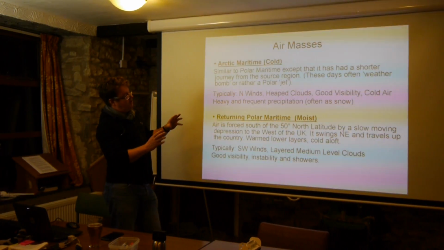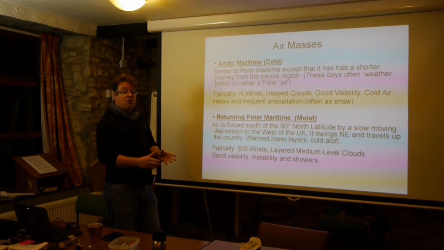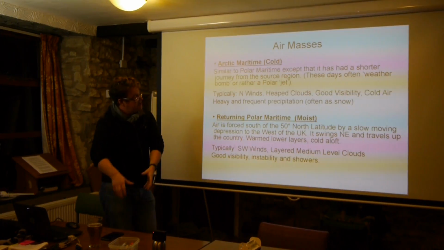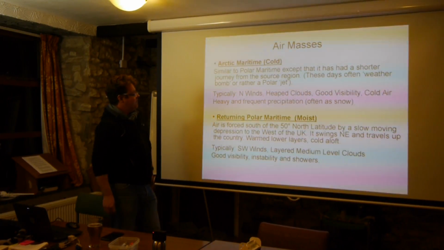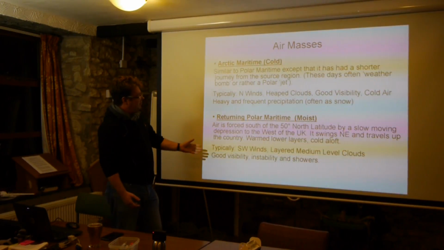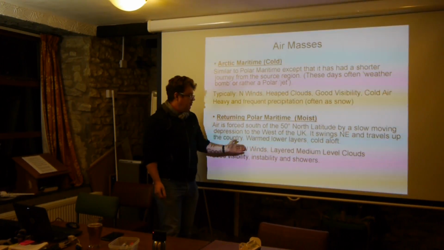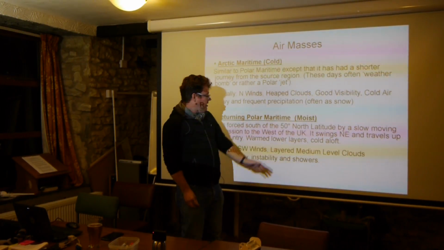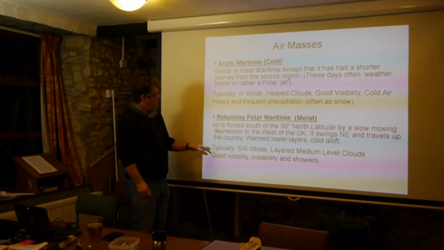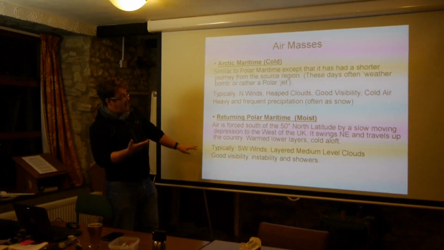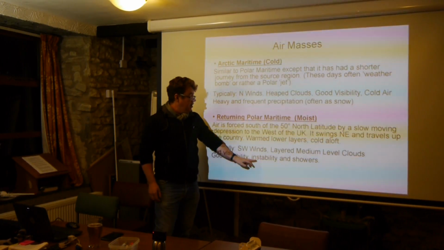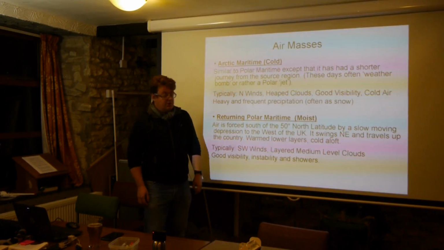It tends to mean that you've got very cold air, but the lower levels have been warmed up quite a lot by the fact that the whole thing has taken this southerly detour, and as a consequence of that, you've got the southwesterly winds that we already described. There's layered medium level clouds more often than not. You have good visibility because the air above the surface is quite cold, and it's generally unstable with showers.